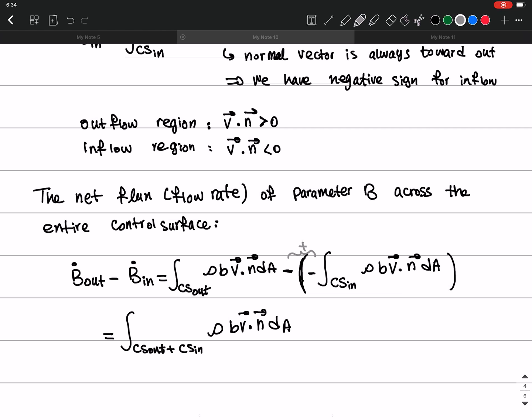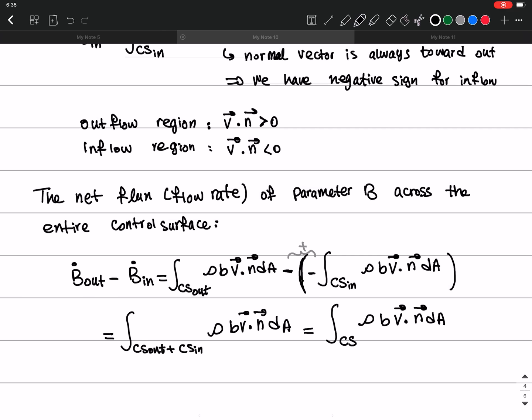So what is the control surface out plus control surface in? It's just the total control surface of your control volume, right? So it's going to be the integral over the control surface of rho b V dot n dA.